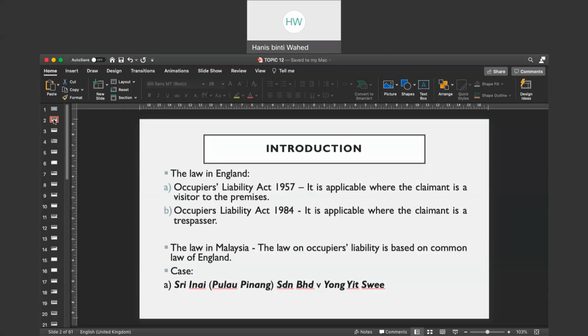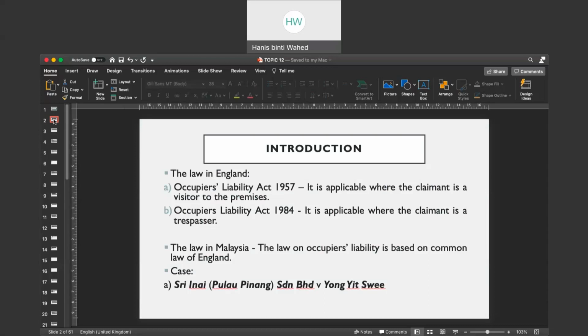Okay, so if you read the textbook, especially the old textbook, you'll see the historical part of this rule. You'll see that the law on occupiers liability emerged at the same time when negligence emerged, and previously it was considered as a separate tort.